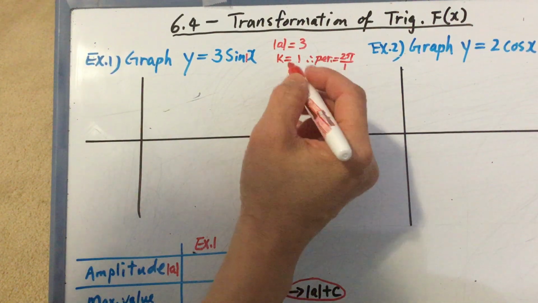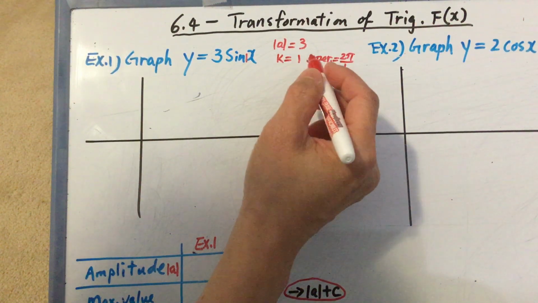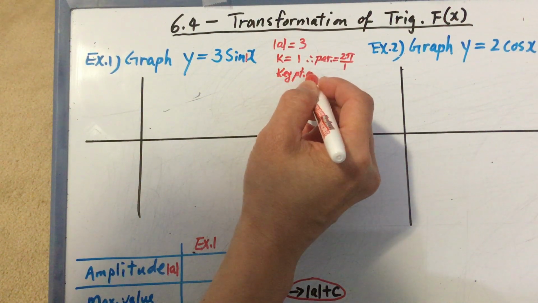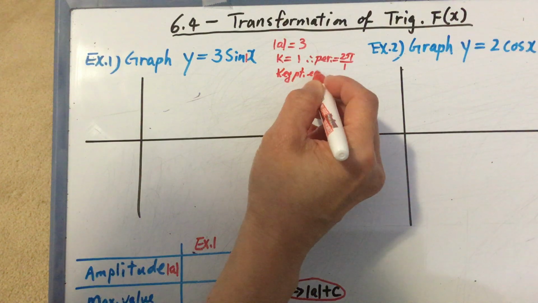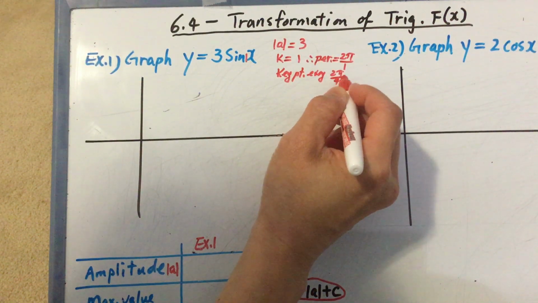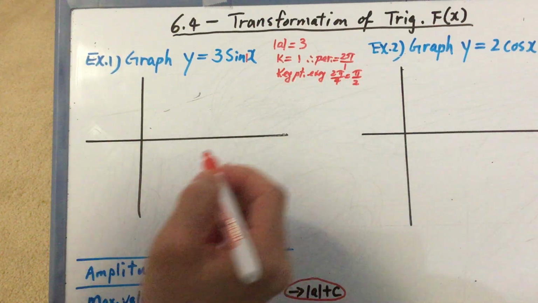Okay, so I know that the key point is going to be happening in every 2 pi over 4, which is equal to pi over 2.